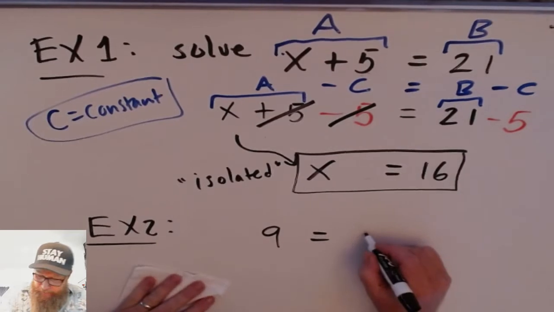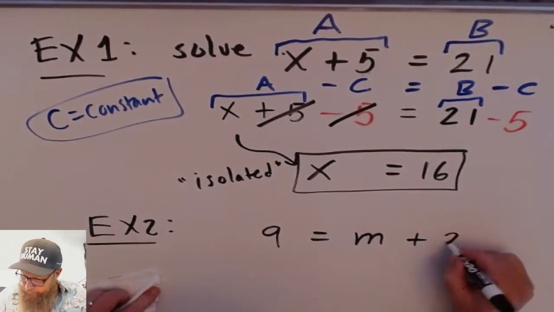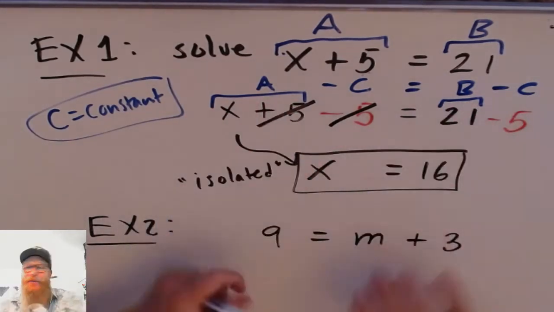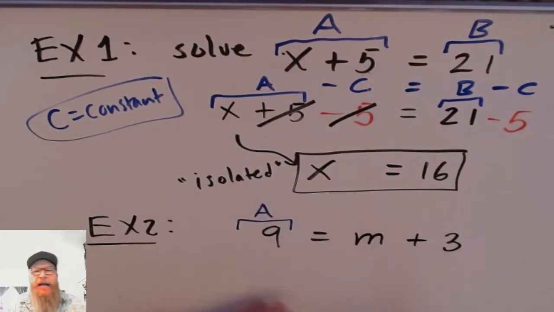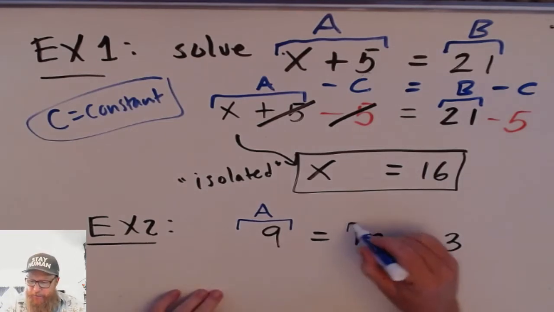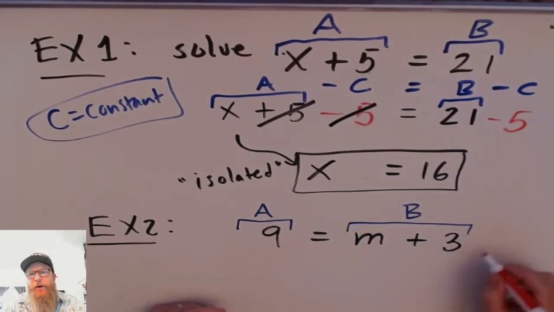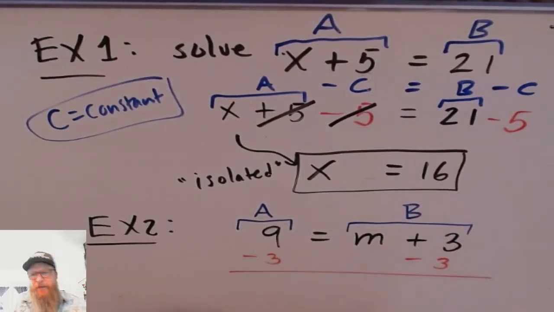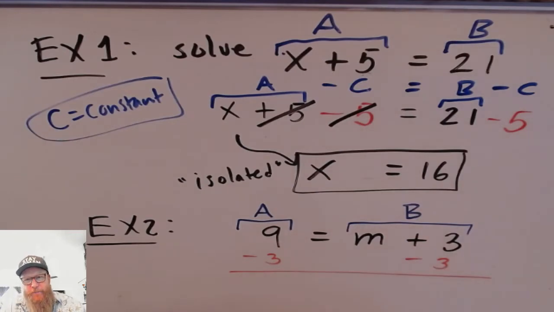Q is a terrible letter for now. Now, I said I was only going to do this once, but why don't I do it one more time? So now A is 9. A is the left-hand side of the equation, and B is m plus 3. And so my constant is going to be the opposite of 3, because your goal is to isolate the variable.